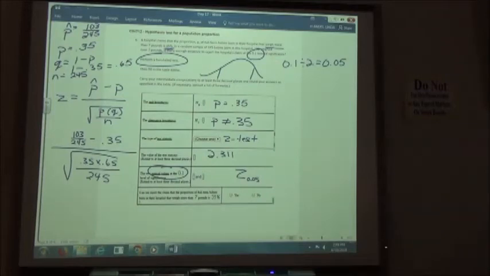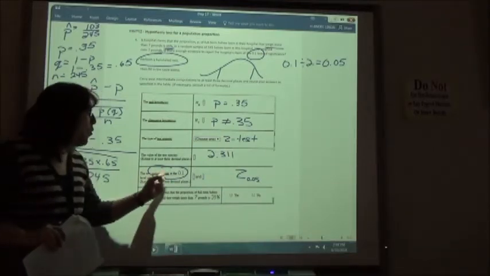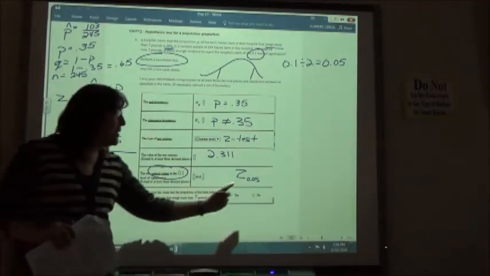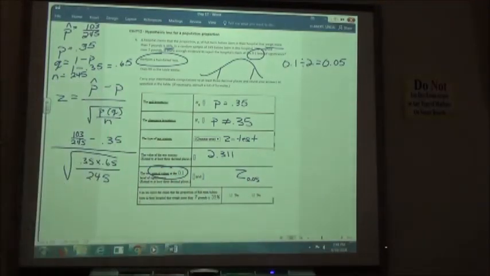So when it asks for the critical value, if we did the t-test, we did t sub something. If it is a z-test, we're doing z sub something. If it's a one-tailed test, we would just use this number. If it's a two-tailed test, we have to divide it by 2. And so when we do that, z sub 0.05, we don't have to have a degree of freedom since we're doing the z-test. We get what number?